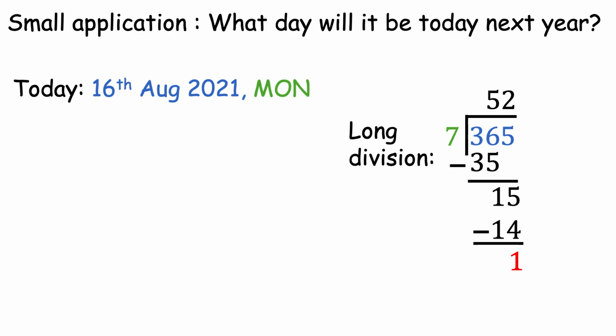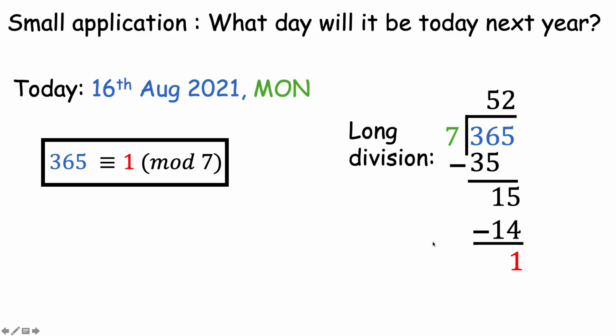So from 16th August 2021 to 16th August 2022, there are 365 days, and we want to find out 365 mod 7. So we divide 365 by 7 to find out that the remainder is 1. So this whole thing can be written in this format, that 365 is congruent to 1 mod 7.